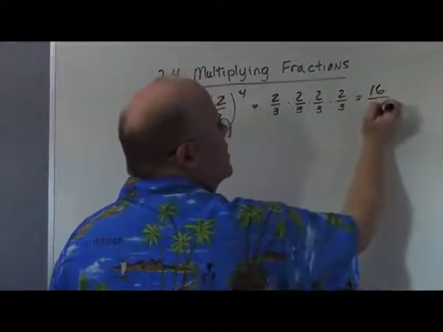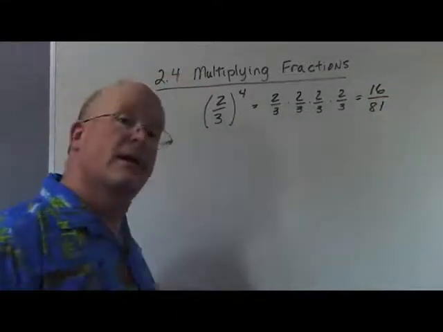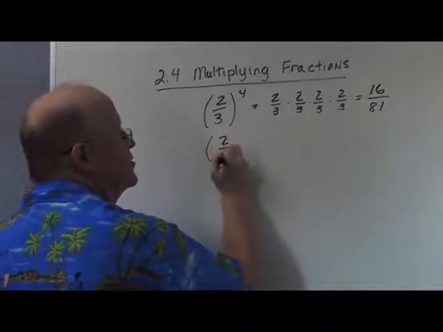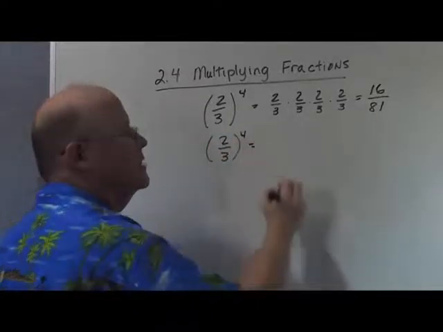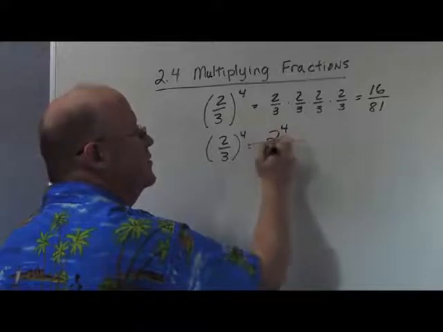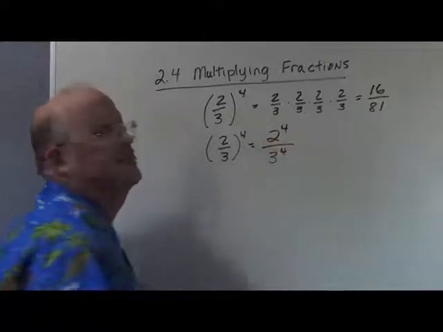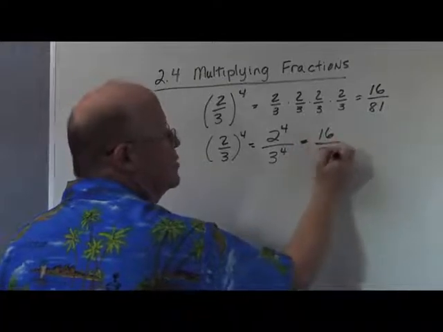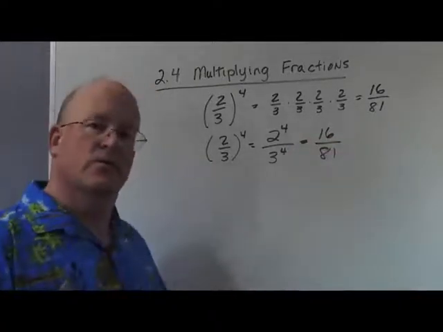Likewise, in the denominator, we'll have a product of 81, and get our answer that way. Or some people take this 2/3 to the 4th power and they say, you know what, let's write that as 2 to the 4th over 3 to the 4th. And that way we can go to our 16 and 81 in that manner if we wish.